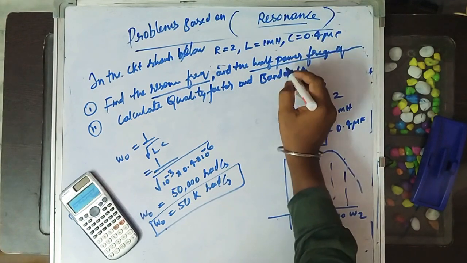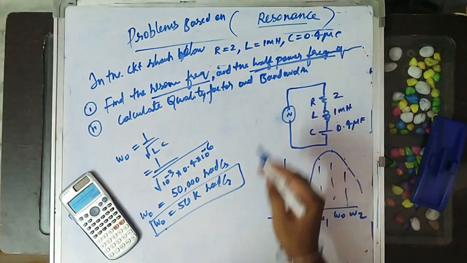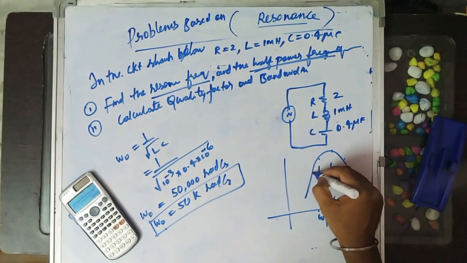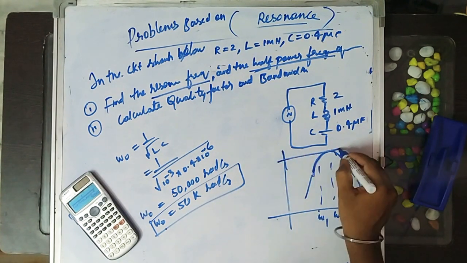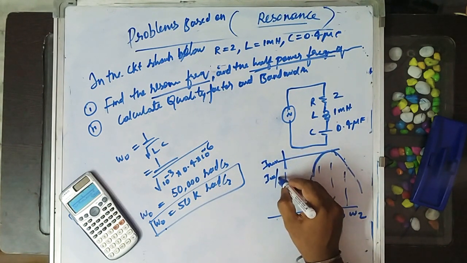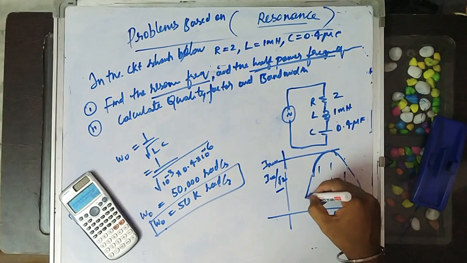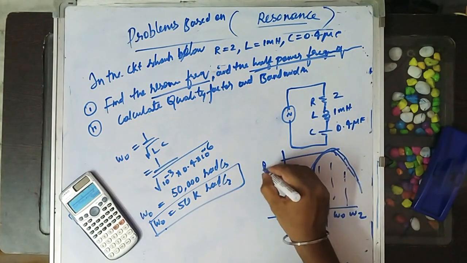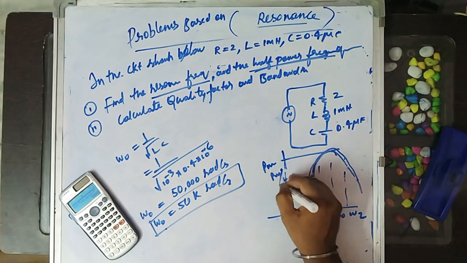And they are also asking us to find half power frequencies. So what do half power frequencies mean? When I was dealing with sums, when you took the response in current, this is I max by root 2. When the response is taken in power, you will be getting P max and P max by 2.